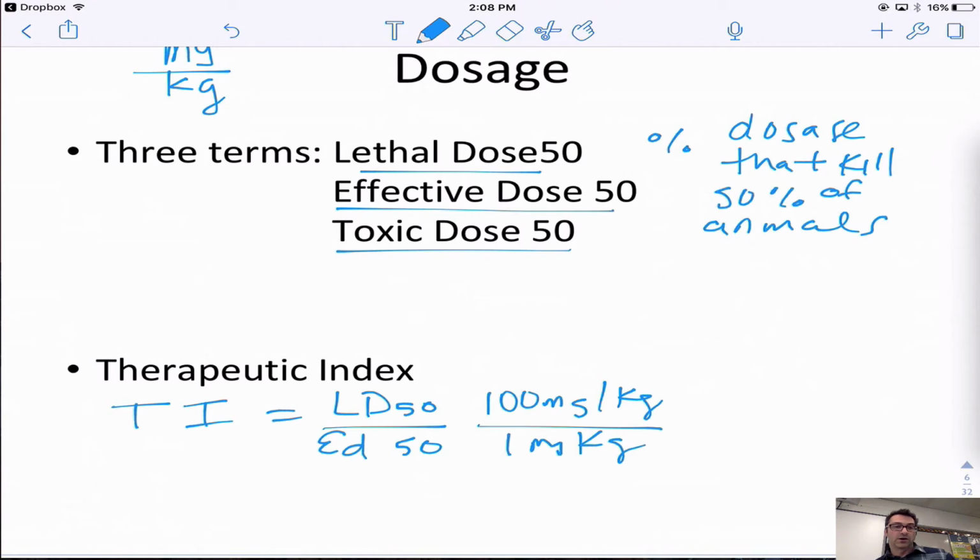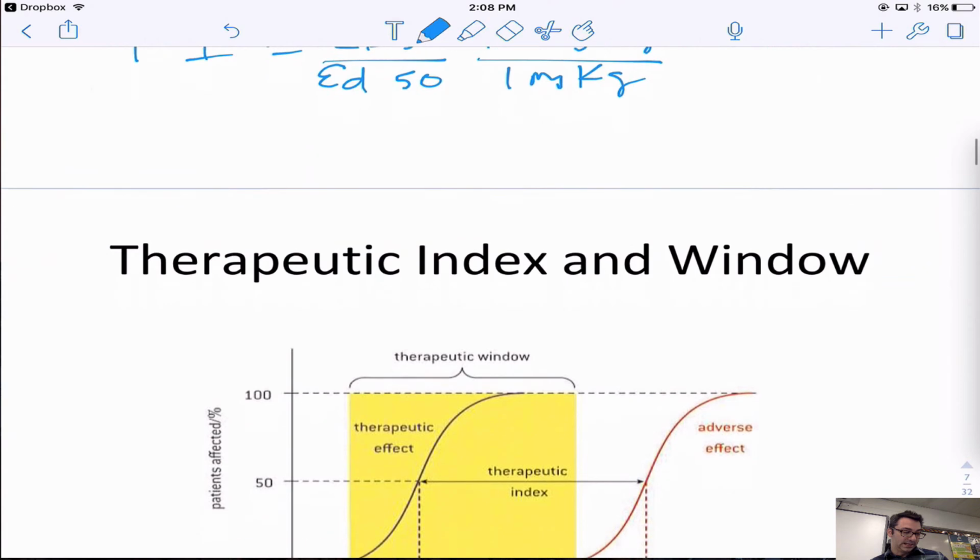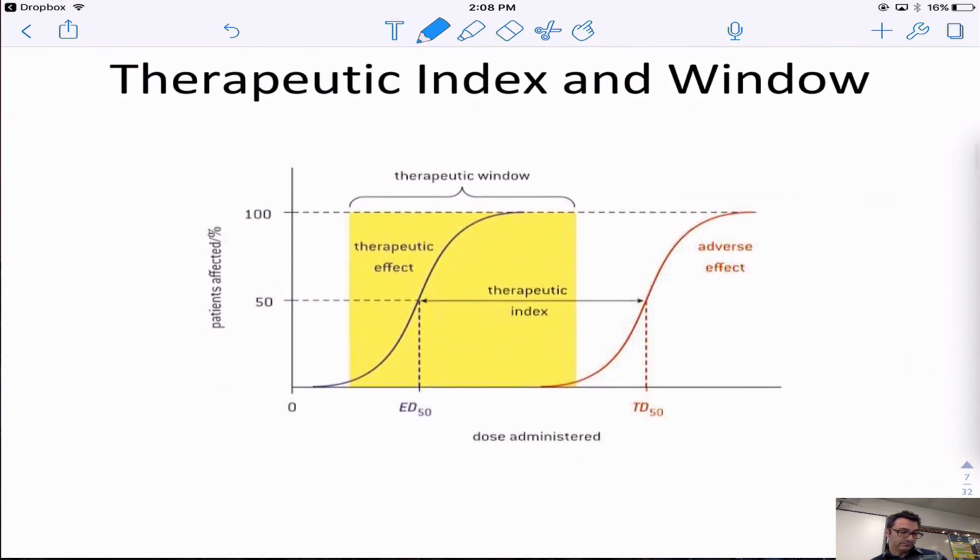That would be a large difference, and that leads to something called the therapeutic index and window. When we look at the therapeutic index and the therapeutic window, we want a large effect and a large window of dosages.